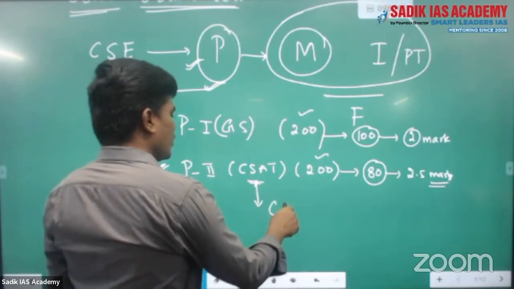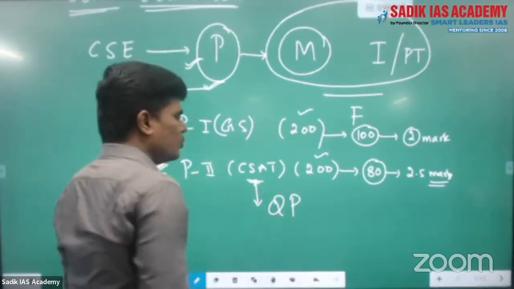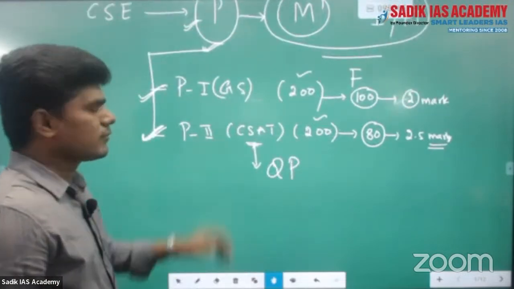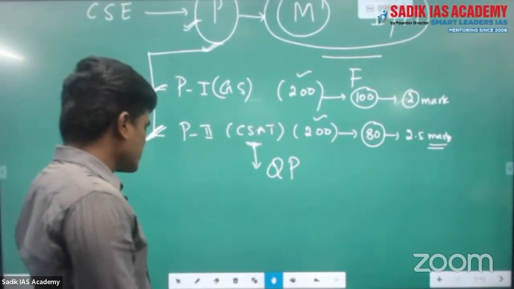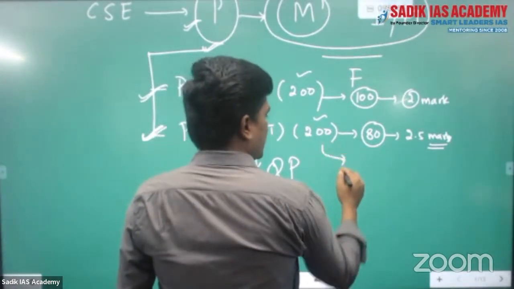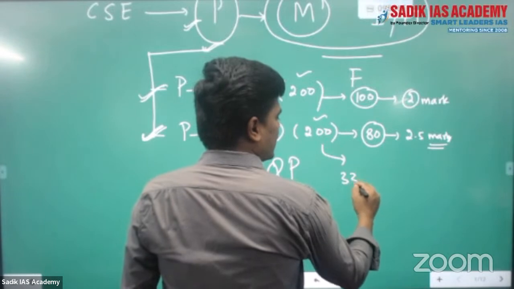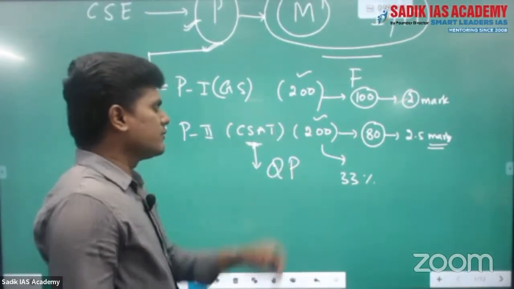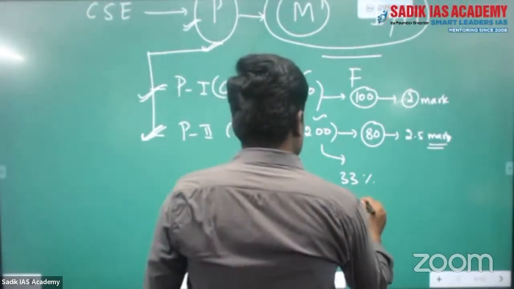CSAT is the qualifying paper, which means you have to get pass marks in it. Sir, what is that pass mark? Out of 200, you have to score only 33% of the marks. So 33% of 200 is 66 marks.